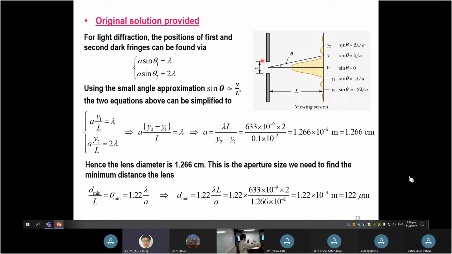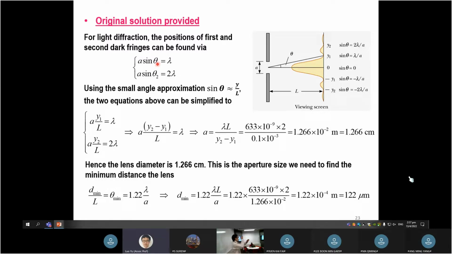But the resolution equation is for a diameter. So the problem of this solution is that in the diffraction part, it treats the circular aperture as a slit, but then in the corresponding resolution part, it still uses the circular aperture. So this is what is wrong with the solution.